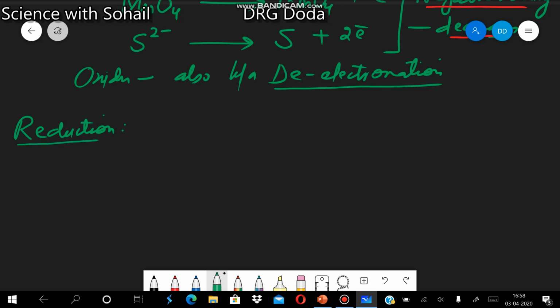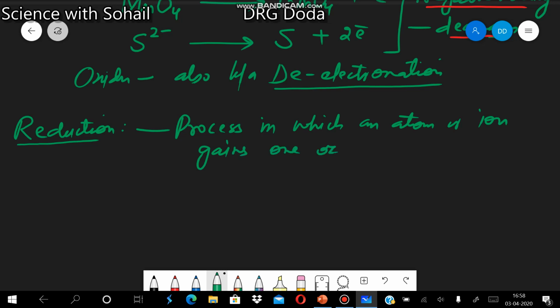Now what is reduction? It is a process in which an atom or ion gains one or more electrons.